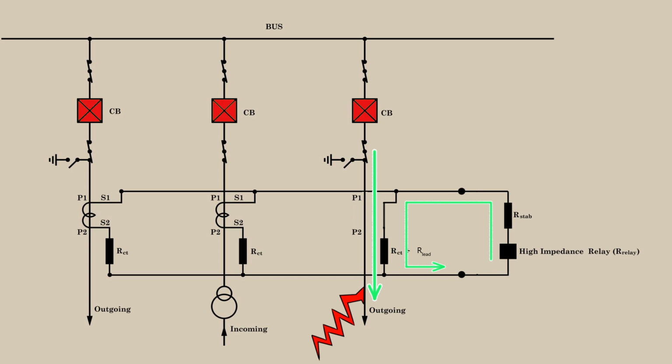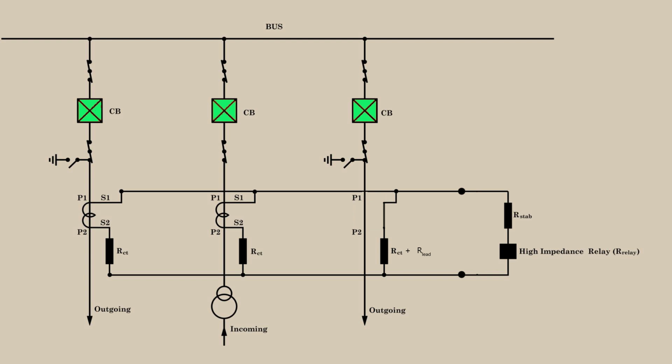So the only voltage that will appear across the relay is the voltage due to the saturated CT during the fault condition. As we just calculated, if this voltage appears and the relay starts actuating, then the relay may trip all the circuit breakers connected to the bus, thereby isolating the entire bus.